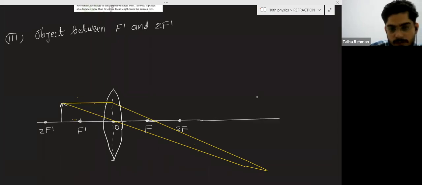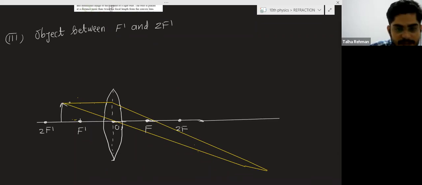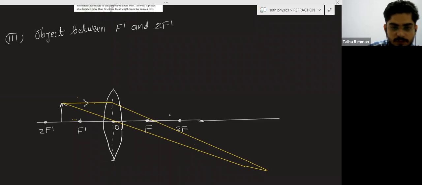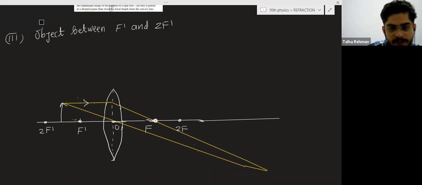See here again, the object was here. This is the object, and one ray from the object is parallel to the principal axis, and after reflection it will pass from the focus. Suppose this point is the focus. I'm changing a little bit.